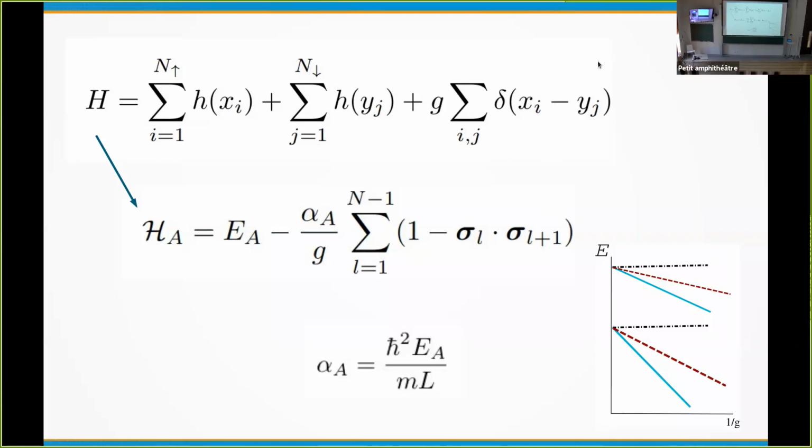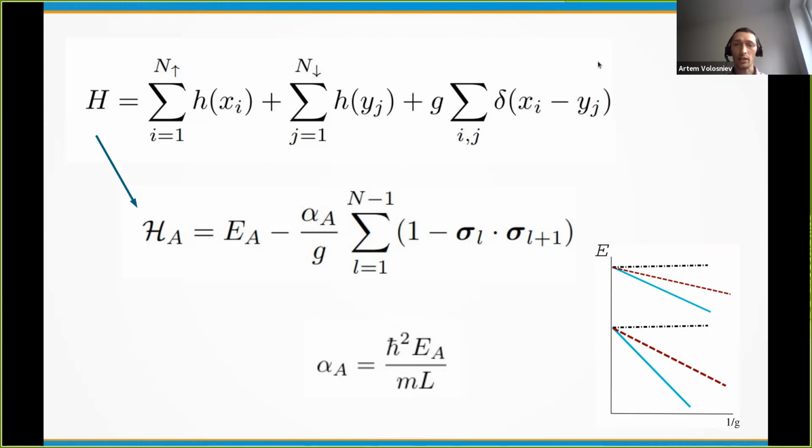Other questions? Maybe you mentioned it, but I just missed it. This mapping, this is two leading orders in 1/g. What is the status? There is also a term of order 1/g² with some other interactions. Exactly, right.